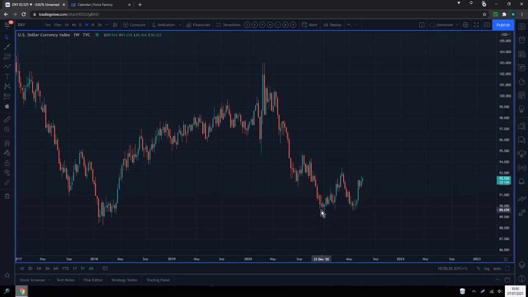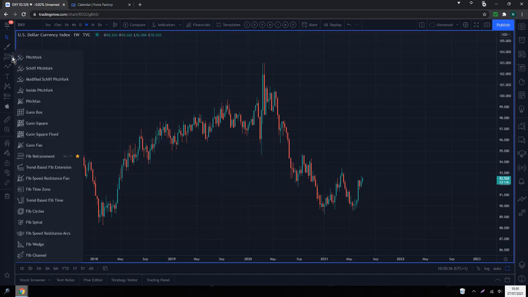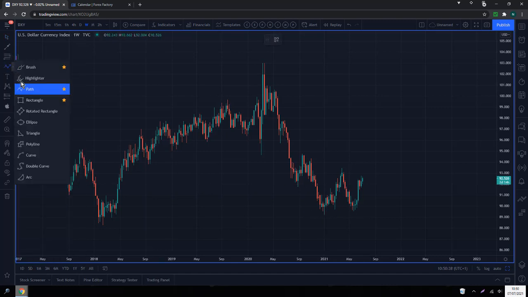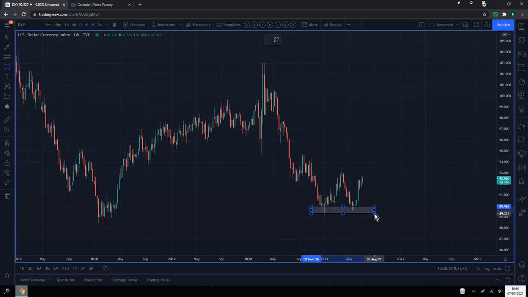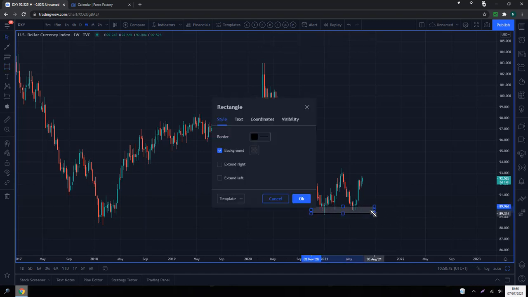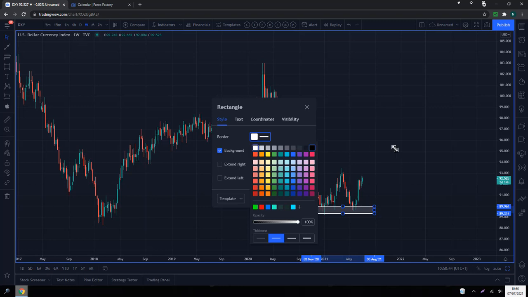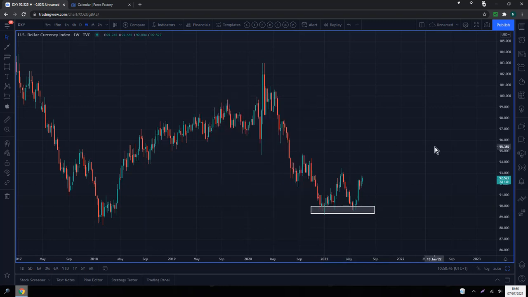Then, right about the end of December 2020, we formed a low here, and also in May 21, we came into that same zone. Let me just draw it out for you, just so you can see what I'm looking at. We've got the same zone where the market's found a bottom.